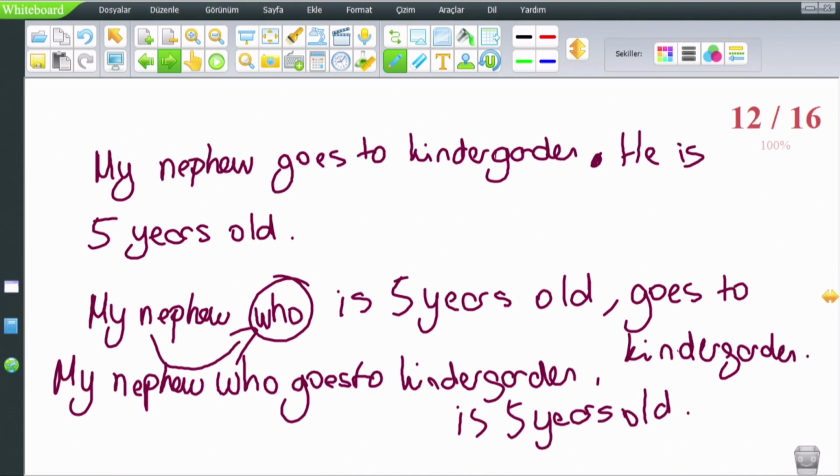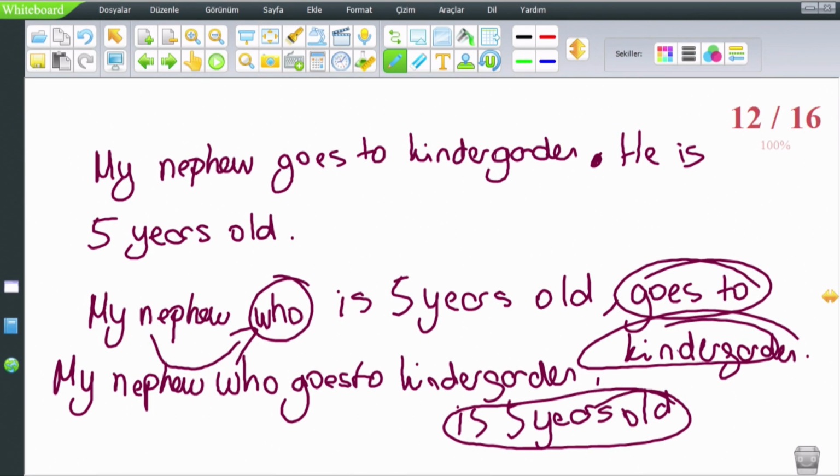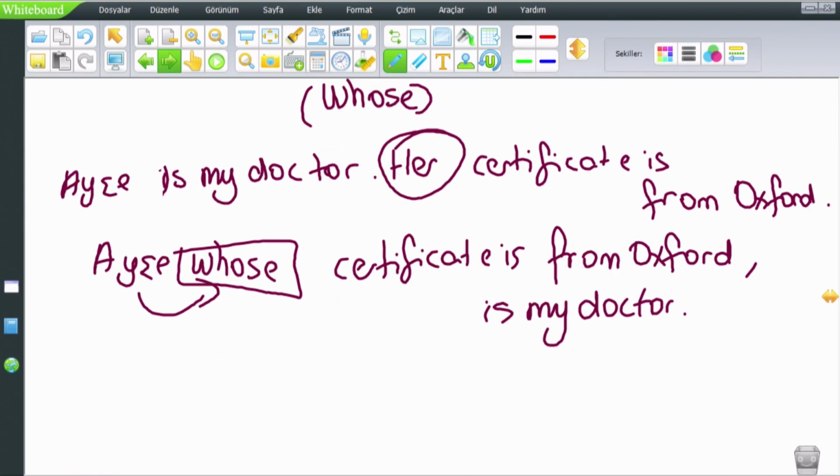My nephew goes to kindergarten. He is 5 years old. My nephew, who is 5 years old, goes to kindergarten. My nephew, who goes to kindergarten, is 5 years old. It depends on what your main focus is, and your main focus should be at the end of the sentence, not right after our relative pronoun.